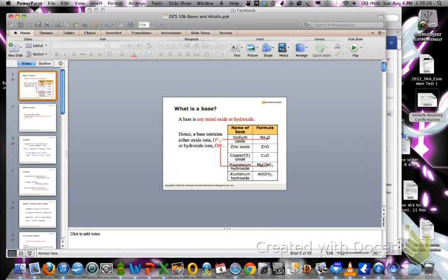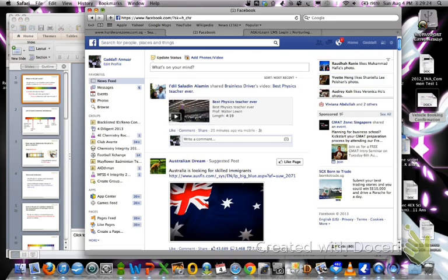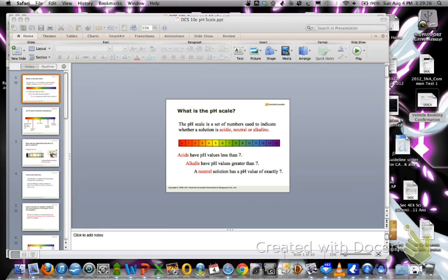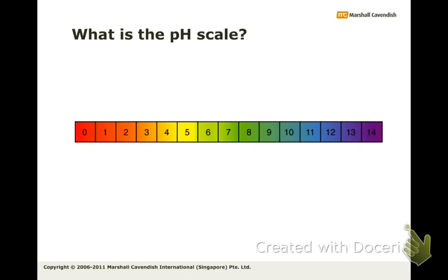So let's look at the pH scale here. Now, what is a pH scale? A lot of you seem to forget this section of the acids and bases topic.